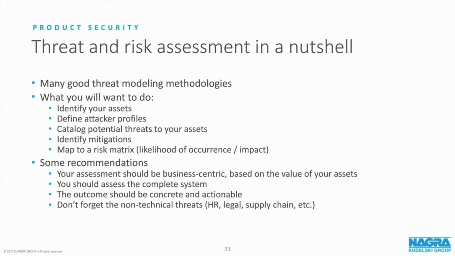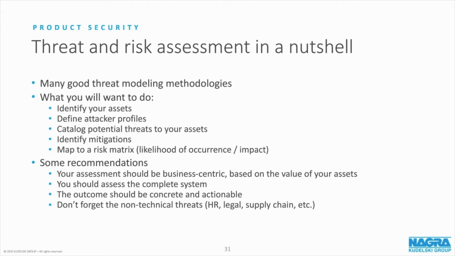Then you'll want to catalog the potential threats to the assets that you have. As an example, again, a threat against the availability of your cloud services could be ransomware or a distributed DoS attack.